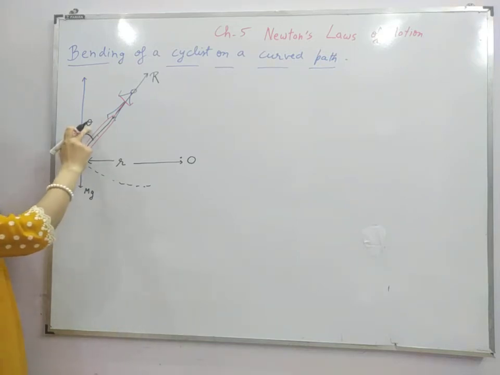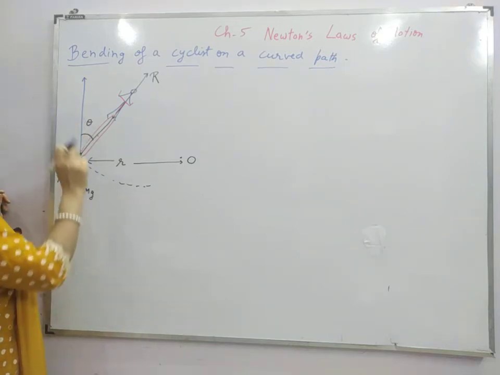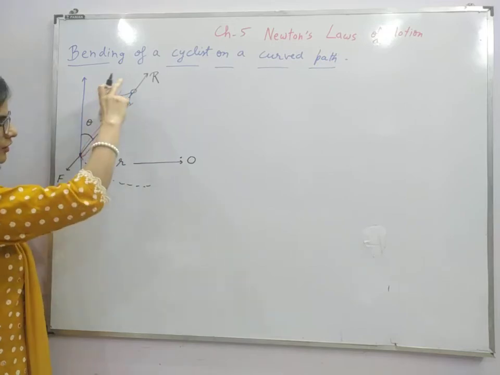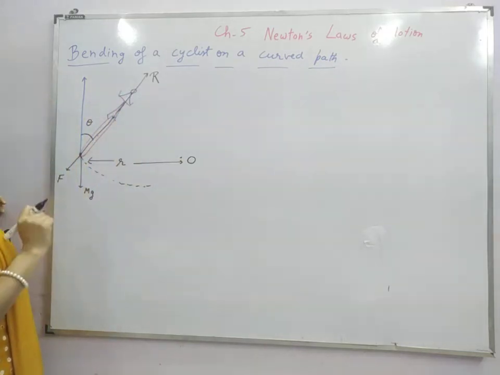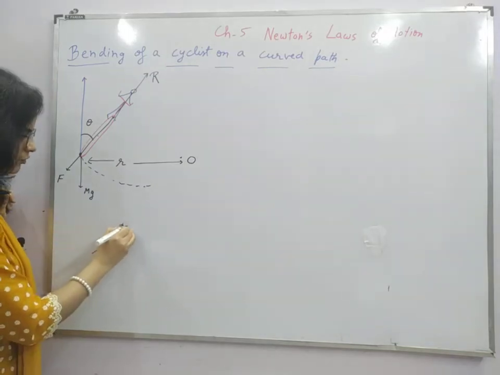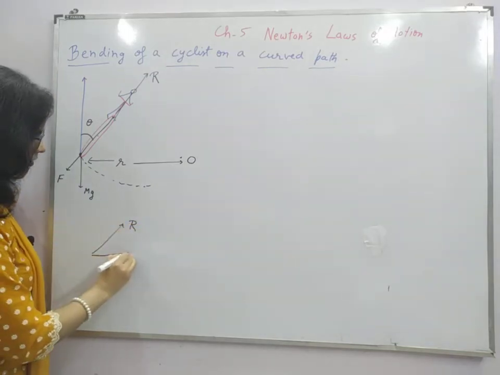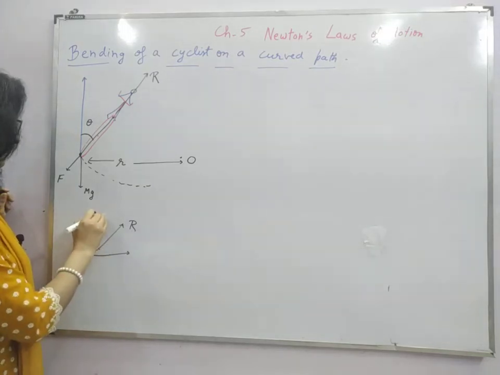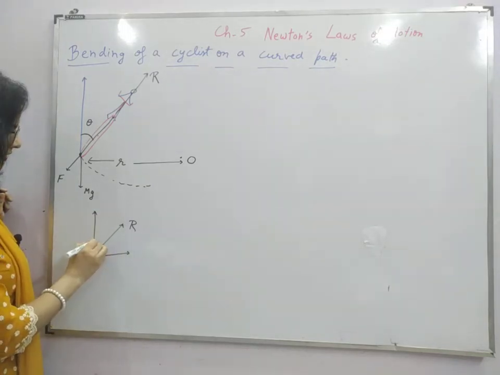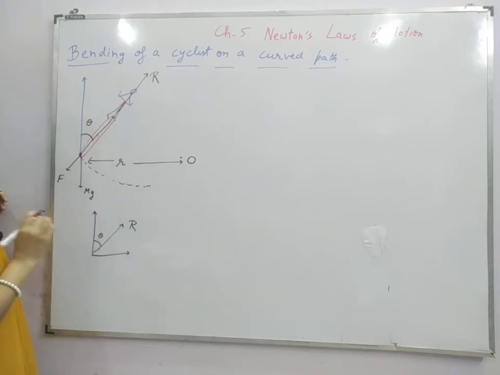Now if this is the angle with the vertical, we need to find the component of this normal reaction along the horizontal and vertical. Let's draw a separate diagram to show this clearly. This is the vertical direction, this is the horizontal direction, this is the angle with the vertical.